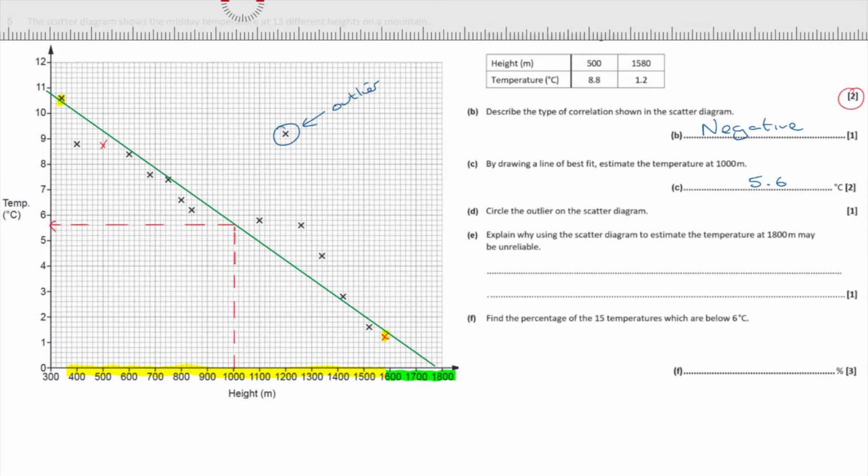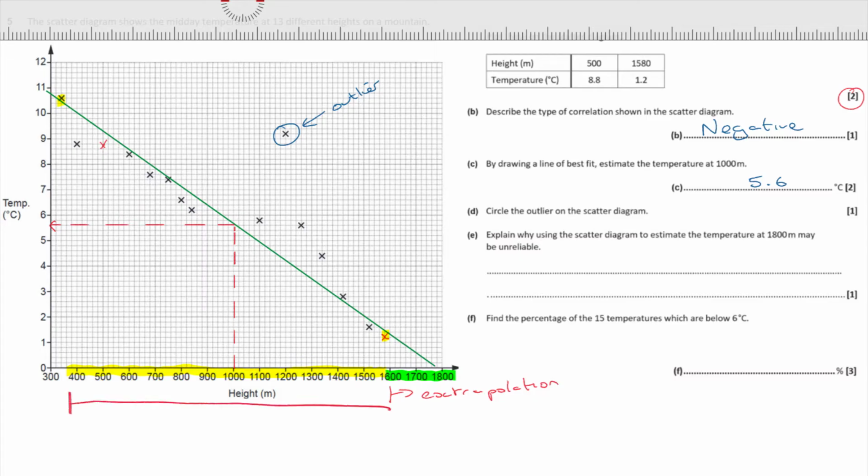Now, we could imagine that this line continues in the same fashion, but that is an assumption, and we may well be wrong. So when you try and read values off beyond your data set, it's called extrapolation. So anything beyond here is called extrapolation. And it is unreliable. Okay?